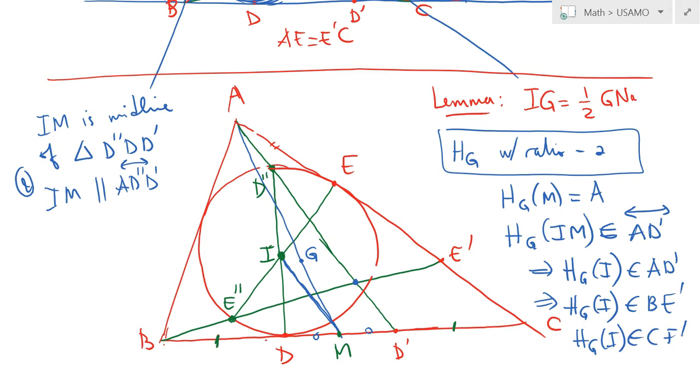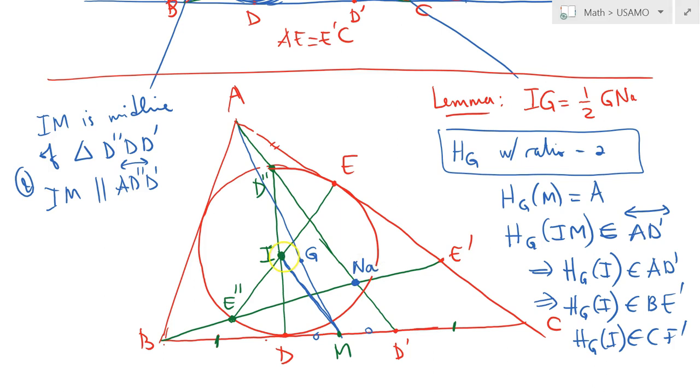But there's only a single point which is a candidate for that, and it is the intersection of AD prime and BE prime. There is no other point it can be. Therefore the image of I under this homothety will be precisely this point, which we can now call the Nagel point.